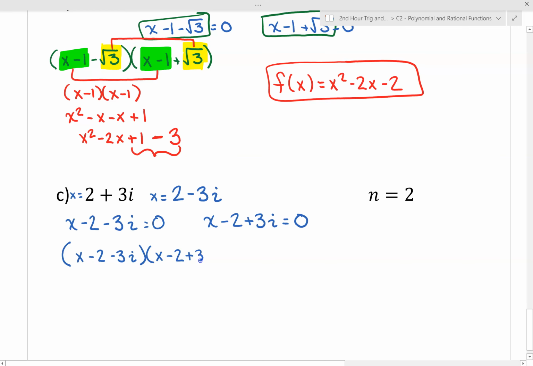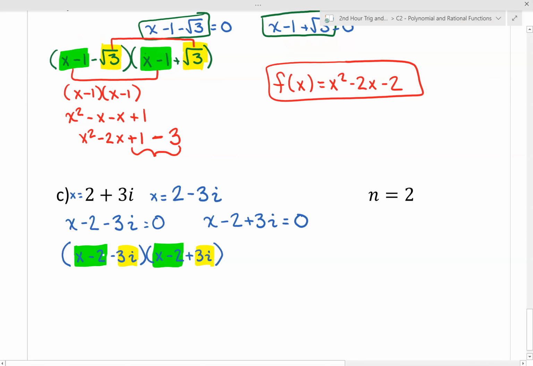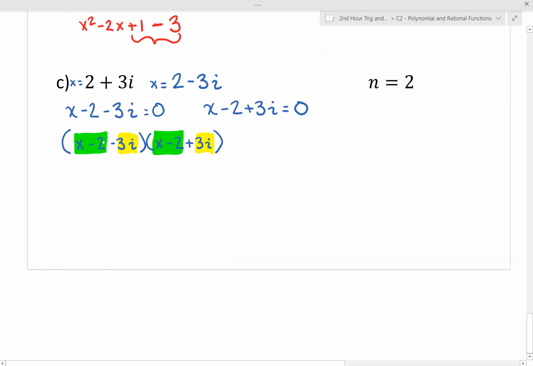And hopefully you notice this is the same exact thing that happened on the other one. I have a 3i. I have x minus 2, and in between my two highlights, one's positive and one is negative. So therefore, that means we have a difference of squares again, so the O and the I will cancel, so we do not have to worry about doing our middle terms. So we're going to multiply these together, so x minus 2 times x minus 2.